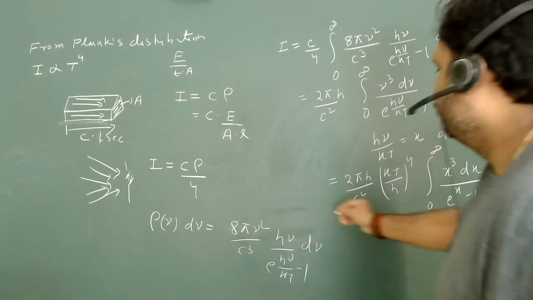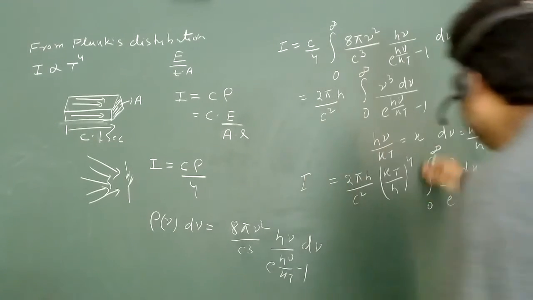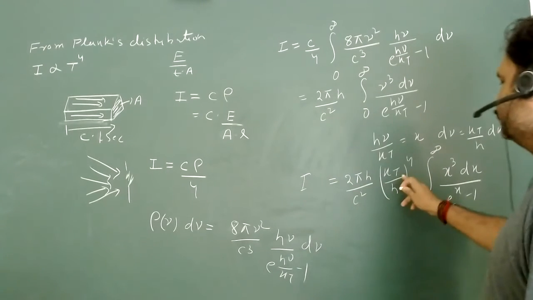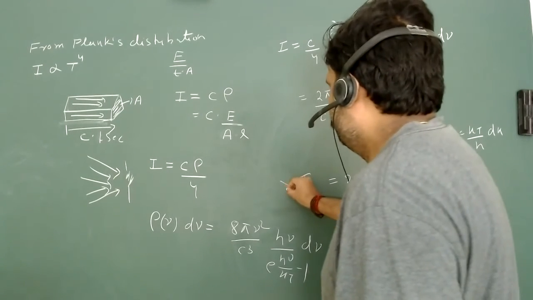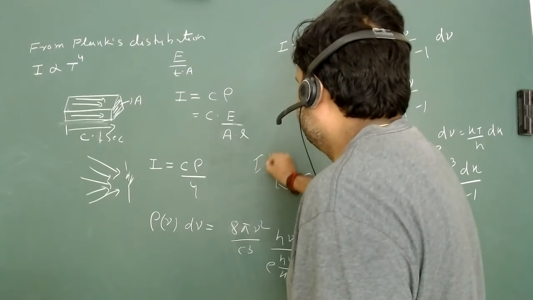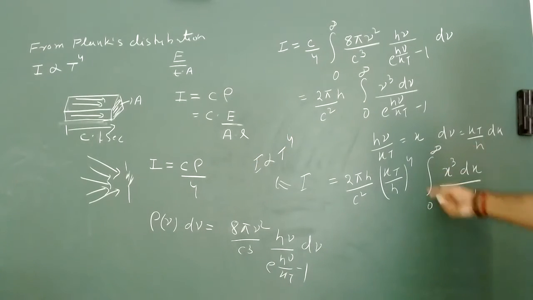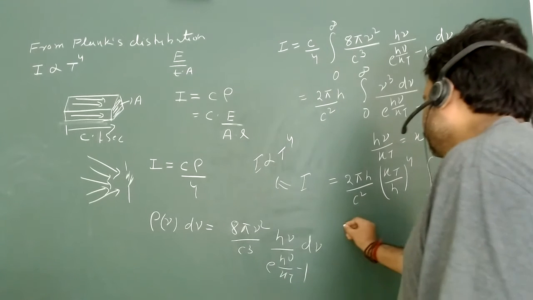This integral is just a number, so from here we can find that I is proportional to T to the power 4.